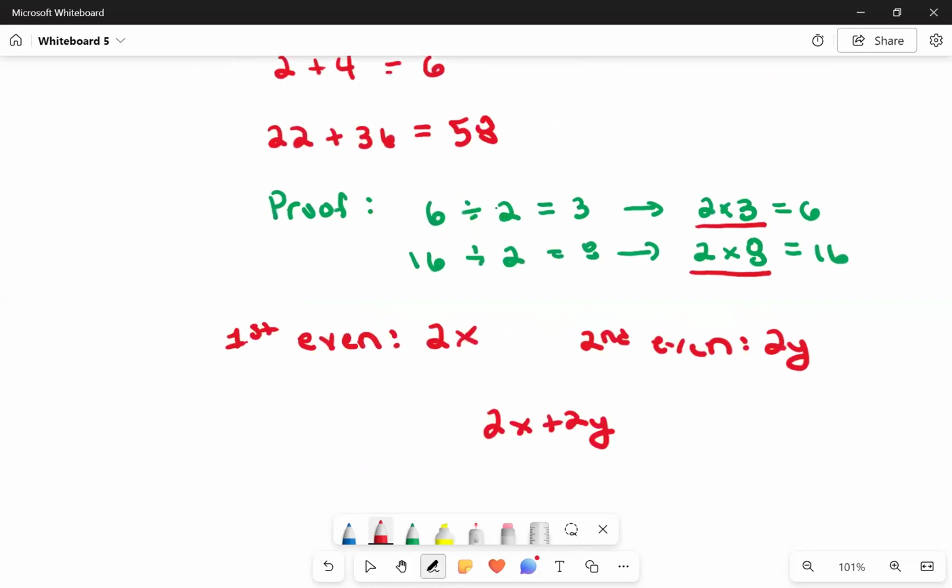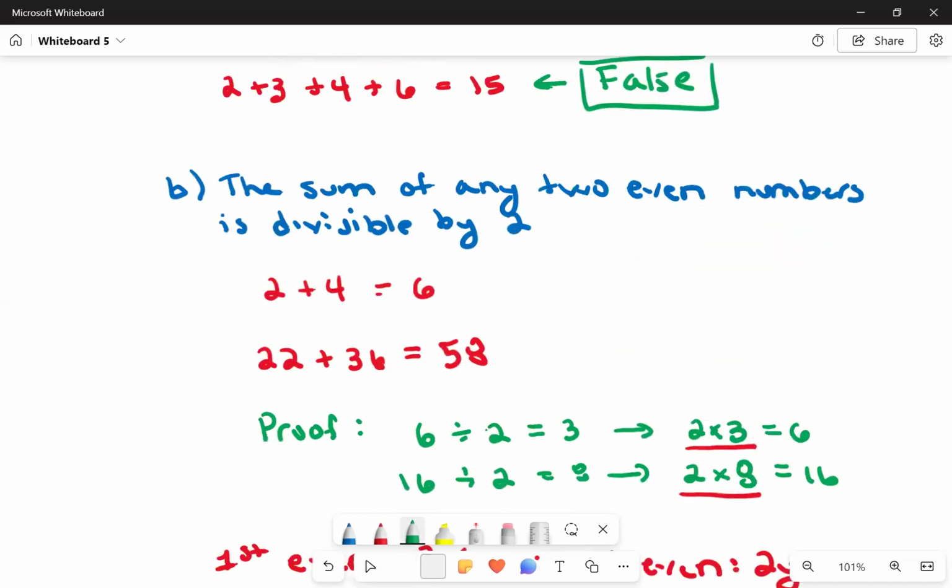This thing is divisible by 2 because I could divide 2 into both of these. So yes, it works. This statement is true, and it makes sense that it's true. I really didn't have to go through a proof. We could probably just reason our way and say that if we're adding two numbers that are divisible by 2, that result is always going to end up being divisible by 2 as well. And there you go. That is inductive reasoning.